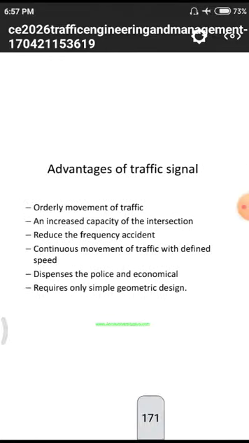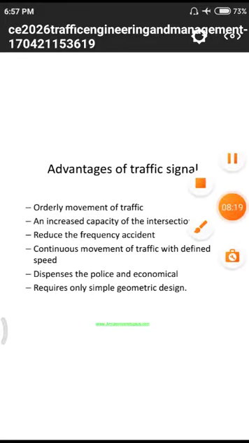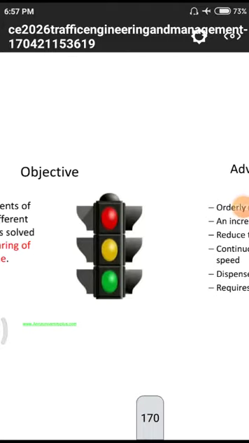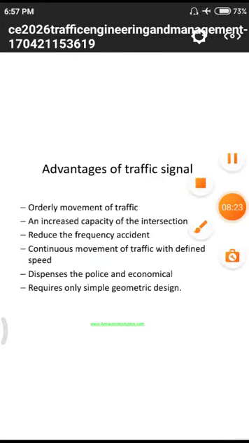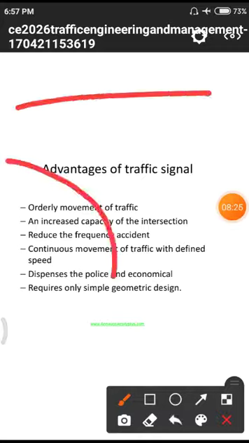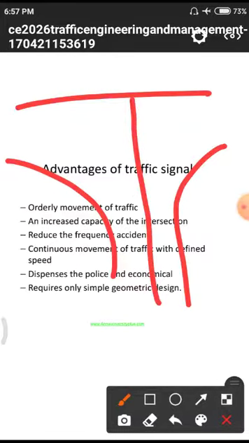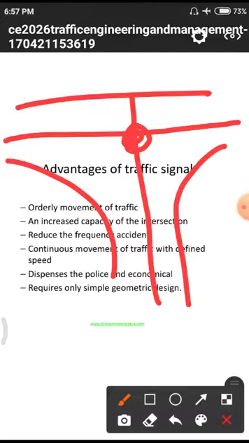We need to have some merging of the points. Suppose I show a 3-lane road. At what point do we have to fix the signal? Automatically we need to draw these lanes, and at this particular point we need to fix the traffic light.